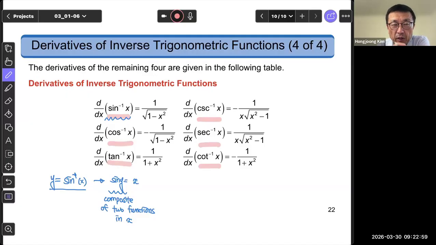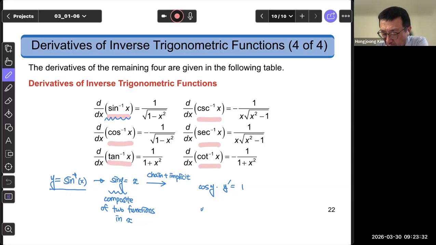For the left hand side, I apply the chain rule. So by applying the chain rule with implicit differentiation, the differentiation of the left hand side with respect to x, you get cosine y multiplied by y prime equals 1, right? Do you remember this?